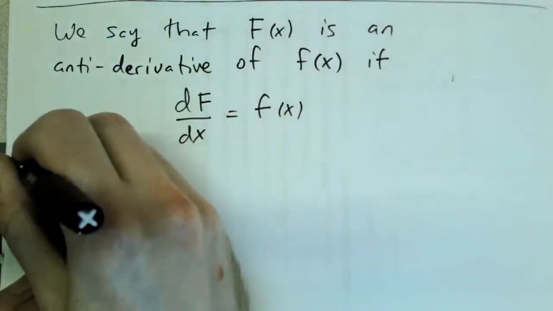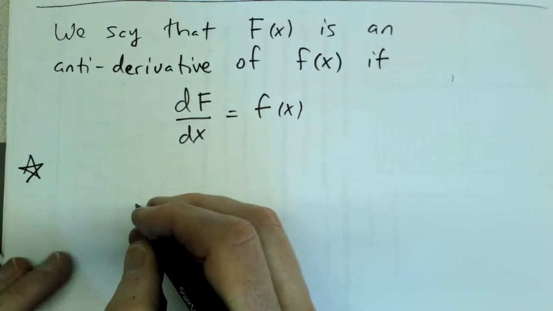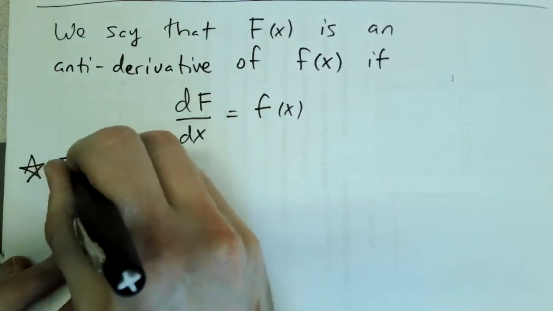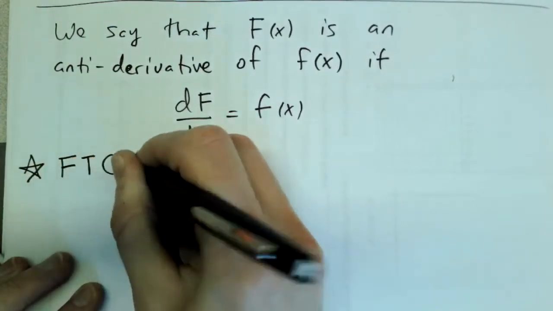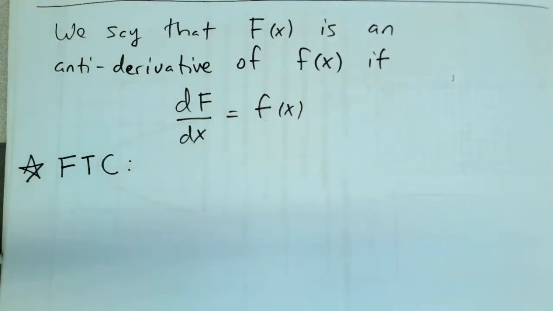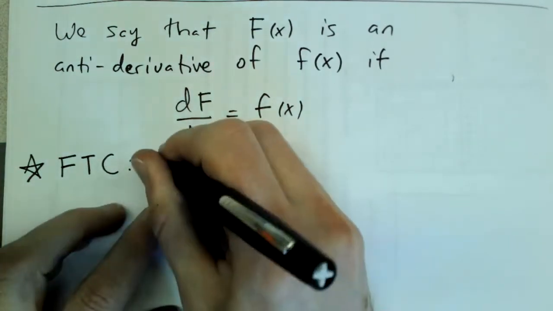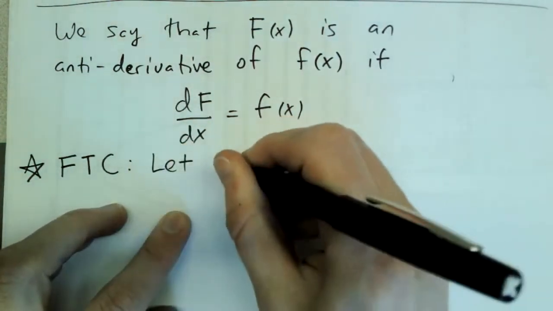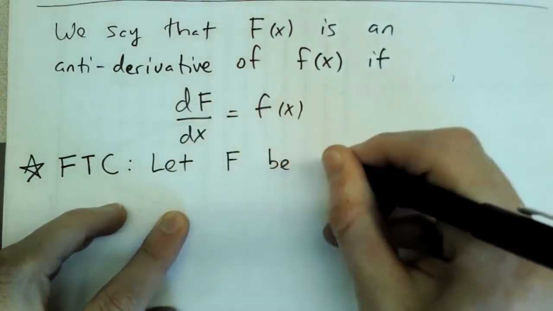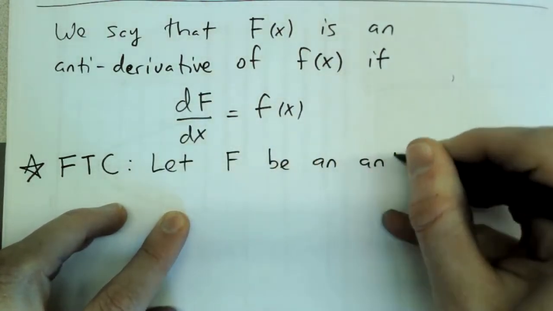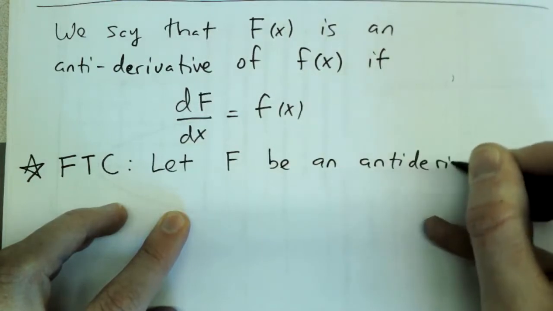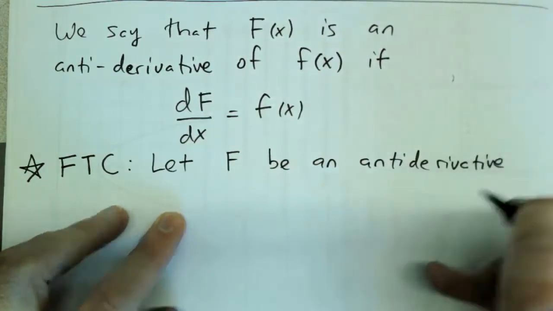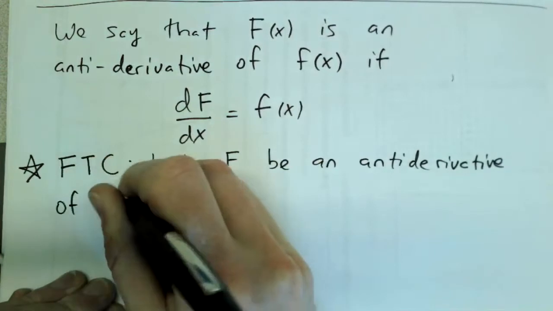With that in mind, here's the theorem, the fundamental theorem of calculus, which we abbreviate as FTC. Let capital F be an antiderivative of little f.